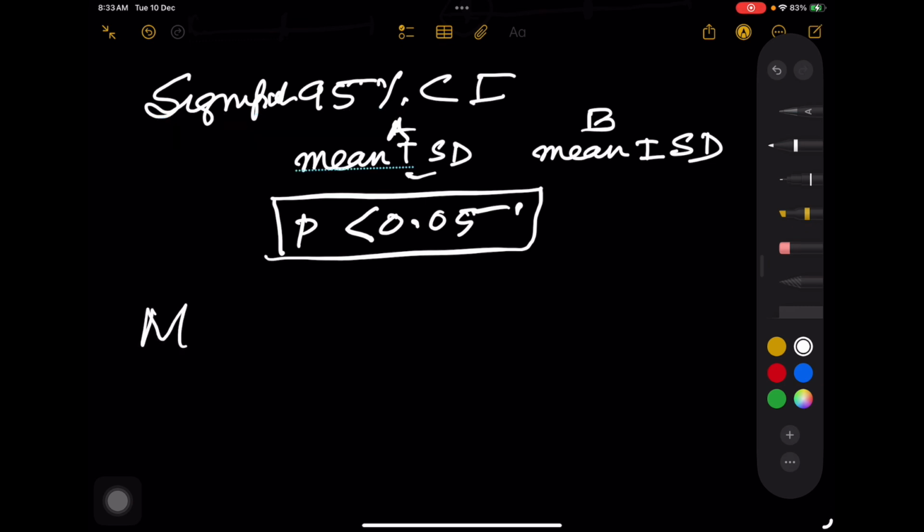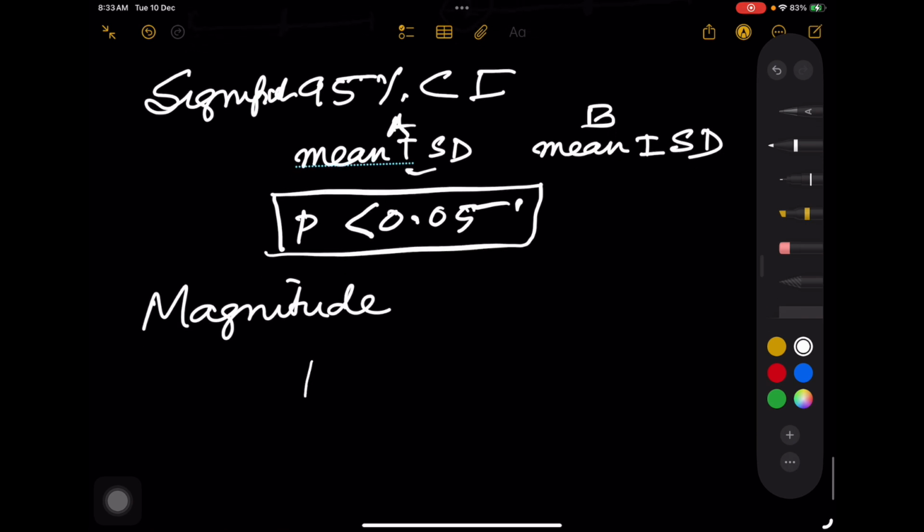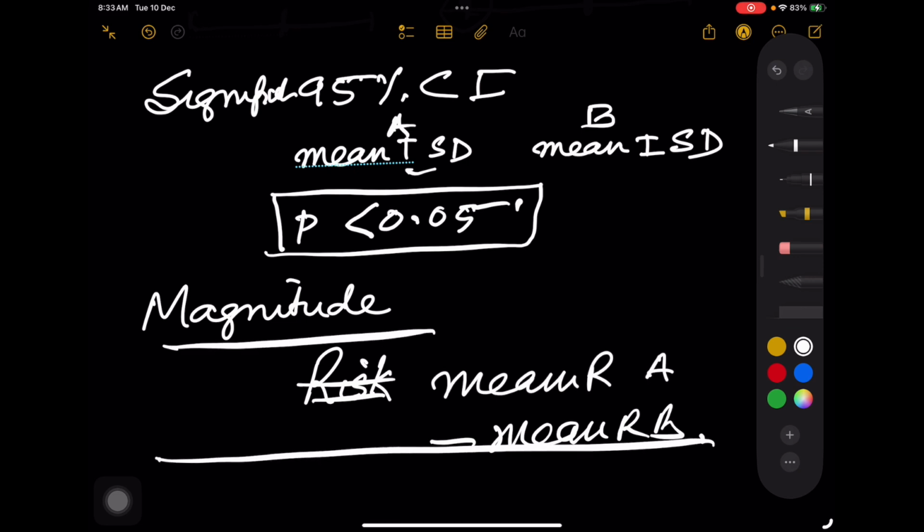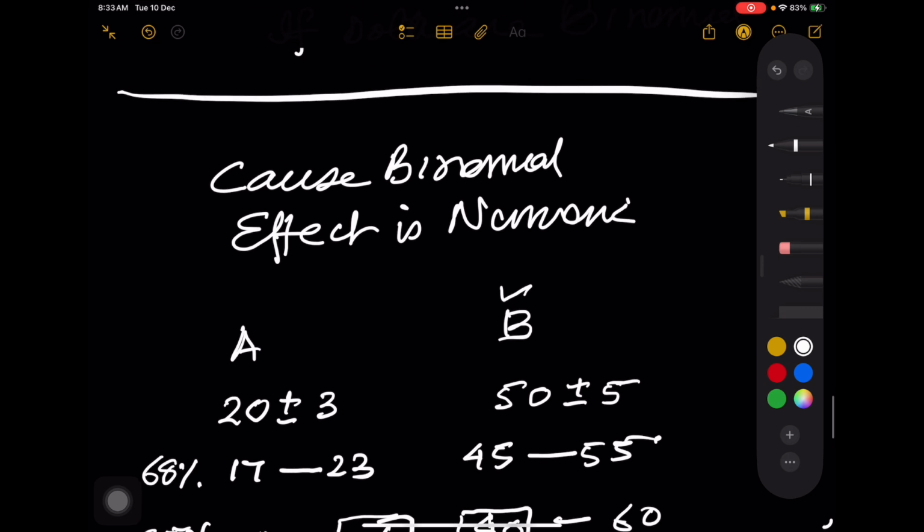Of course, the magnitude of difference would be the mean reduction in A minus mean reduction with B. So that will be the magnitude and that will be the significance of difference if you are comparing.